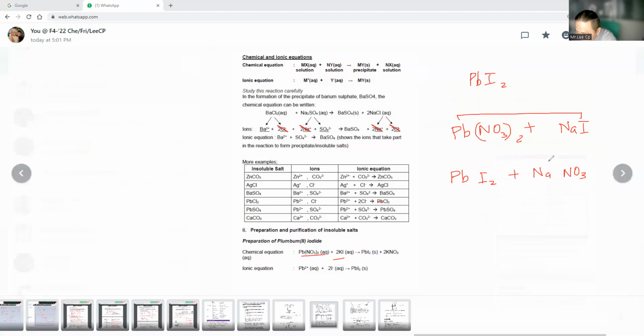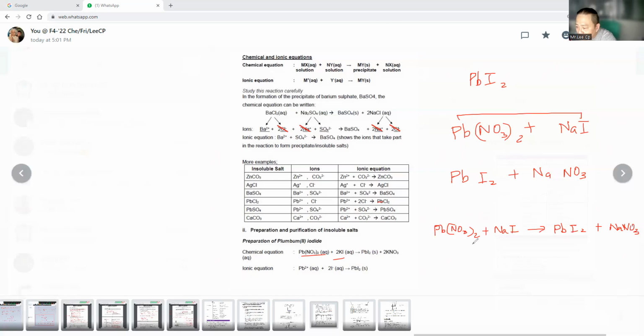This one just plus. This one is minus. So it is okay. So I rewrite Pb(NO3)2 plus NaI gives PbI2 and NaNO3.